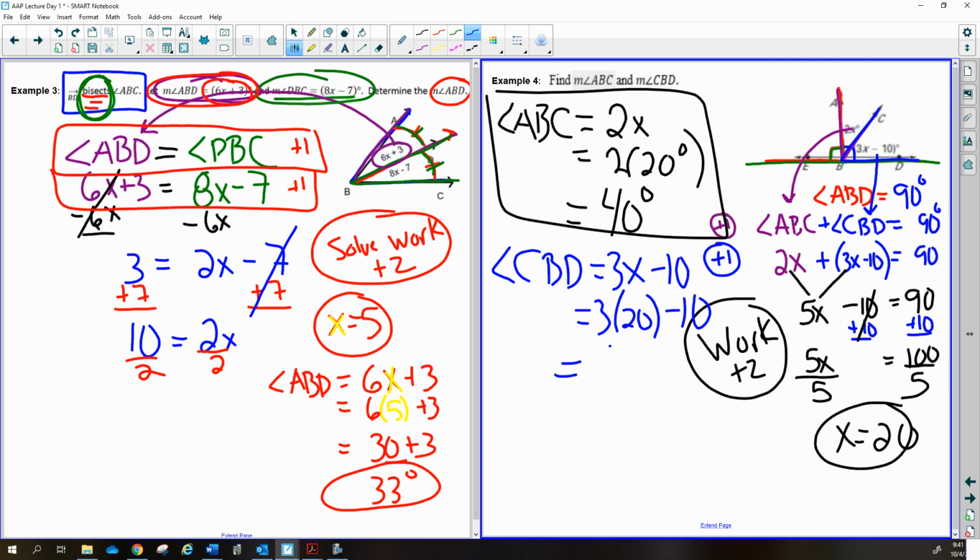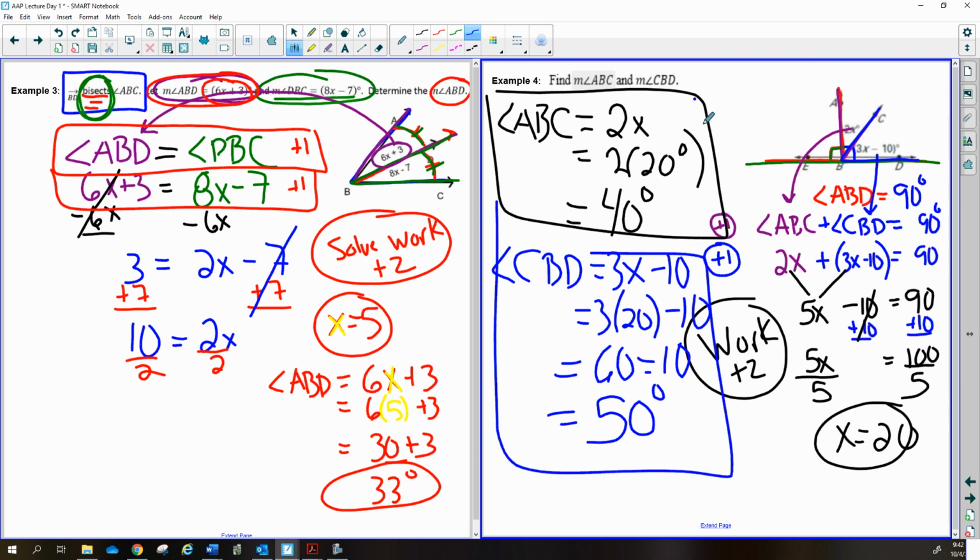Do the math, 60 minus 10, and I come up with 50 degrees. You get 1 point for finding ABC, 1 point for finding that. We have a total of 1, 2, 3, 4, 5, 6. We have a 6-point problem.